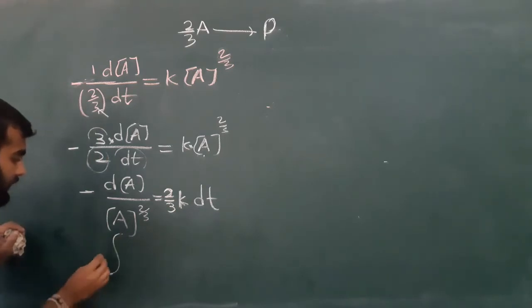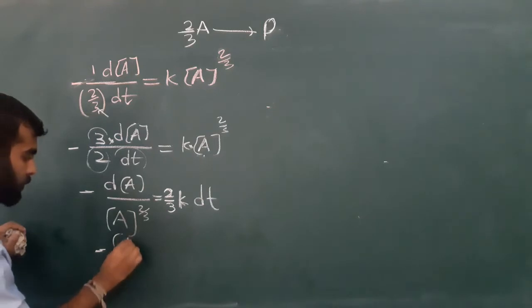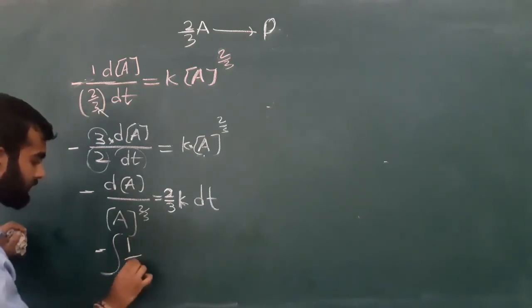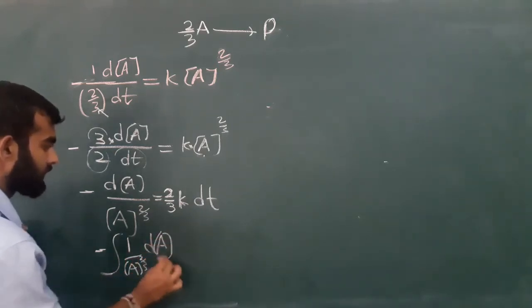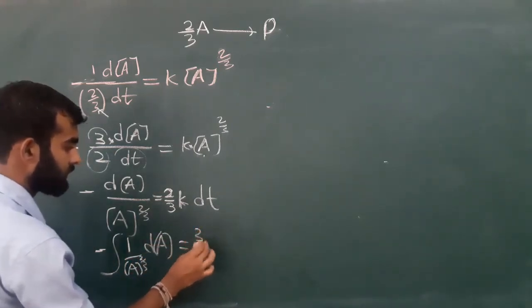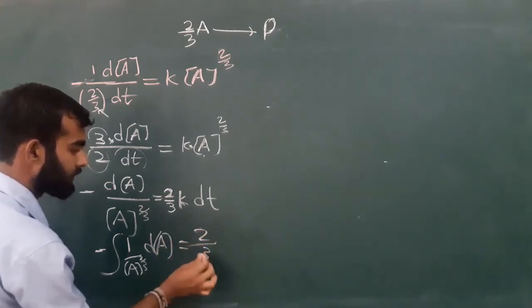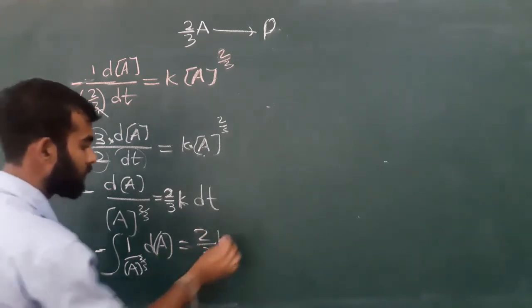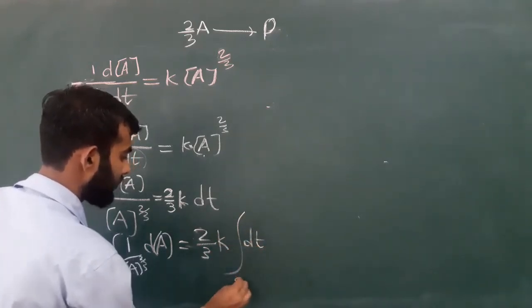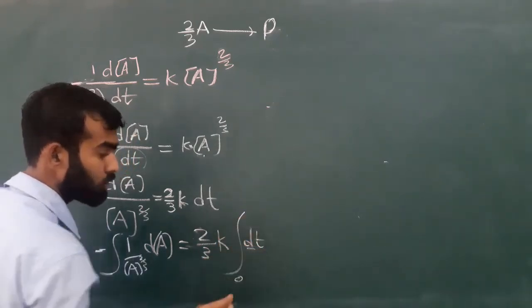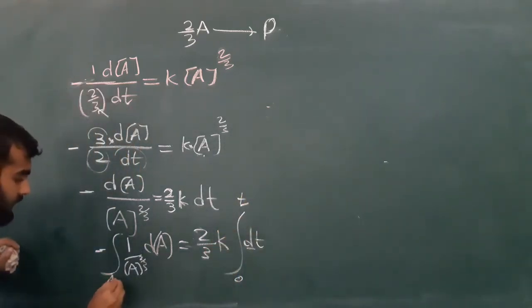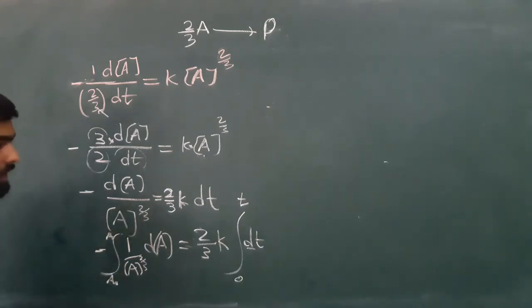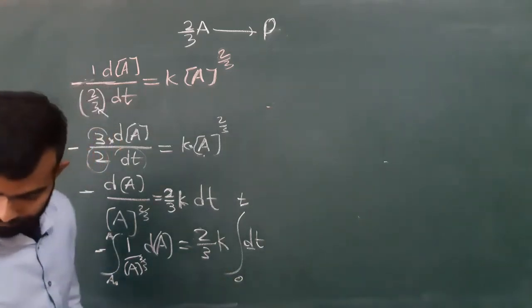So I will put the integral mark like this: minus integral of 1 over A to the power 2 over 3 dA equals, here 2 over 3 and k are all constants, so integration of dt. I can integrate only t because there should be a d term to integrate. Here the initial concentration is A naught, the final concentration is A. Okay, now I arrange the equation.